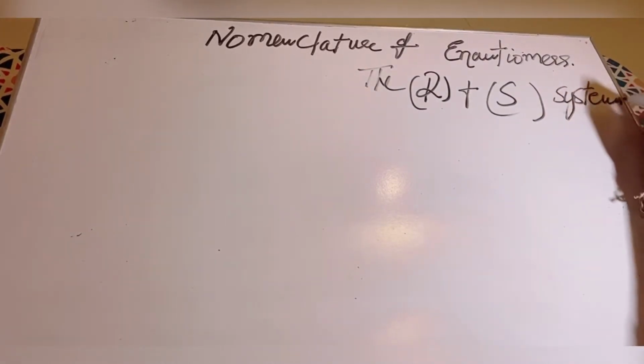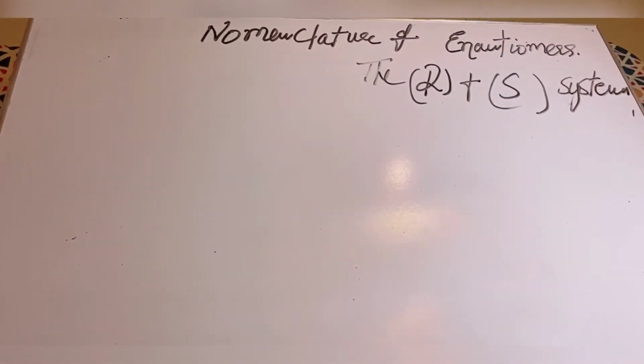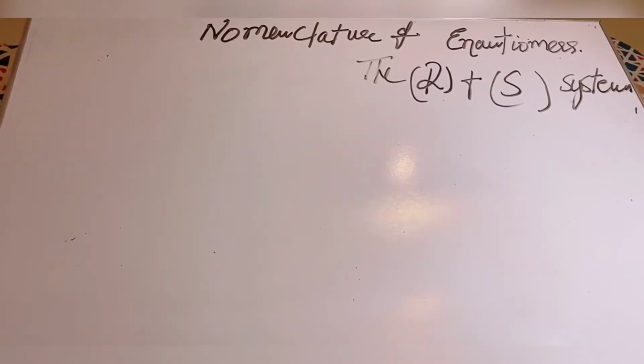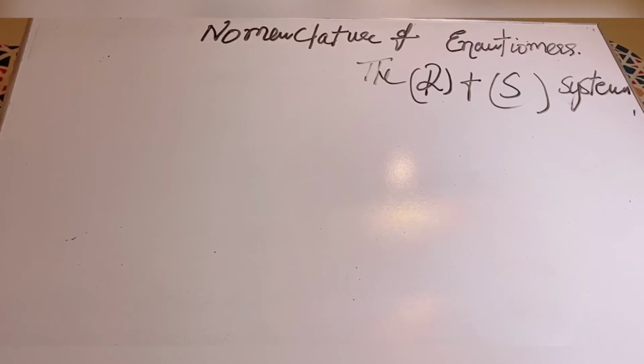So basically I was telling you about the R and S systems, what R stands for, what S stands for, and now in my mind I have a 2-butanol molecule which I have prepared again.